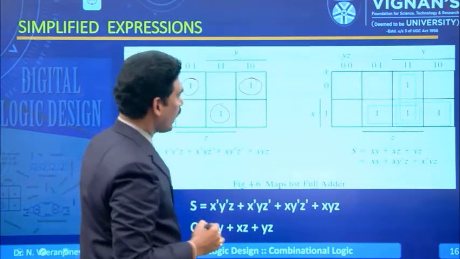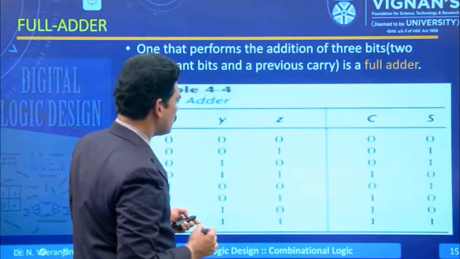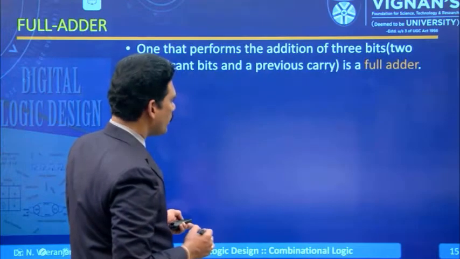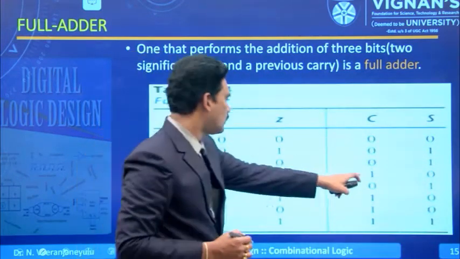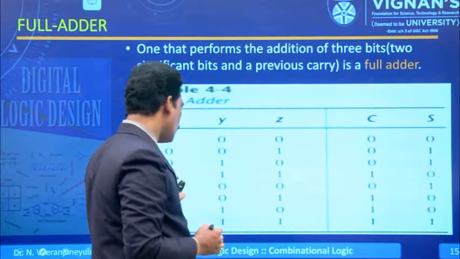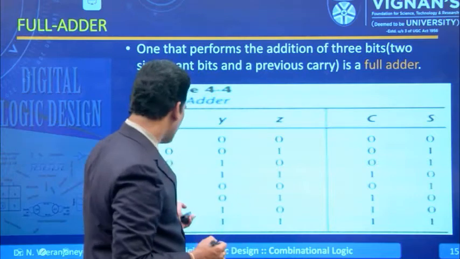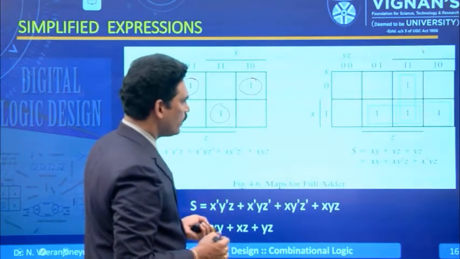And what about carry? In our last expression, what is the expression for carry? We have written it already.